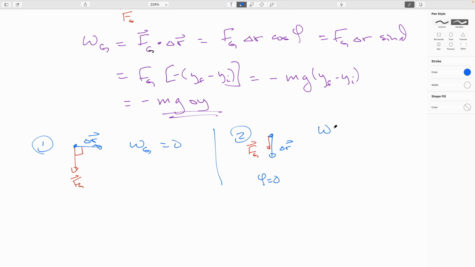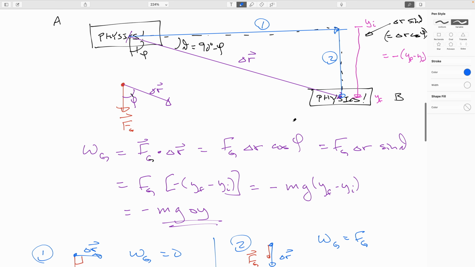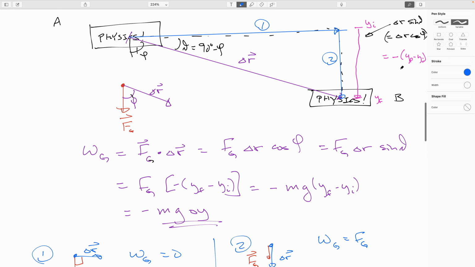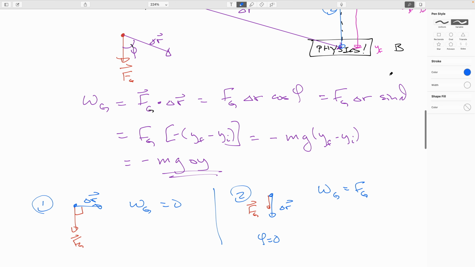So the work done will be equal to the force of gravity times this vertical distance, which we worked out is minus delta y. So once again, we get minus mg delta y.